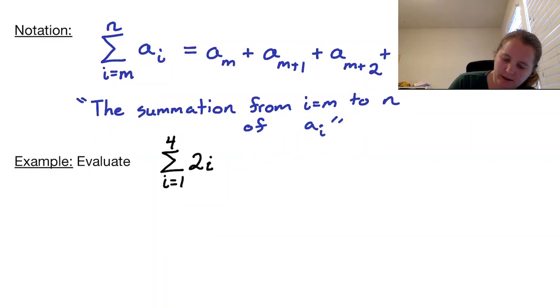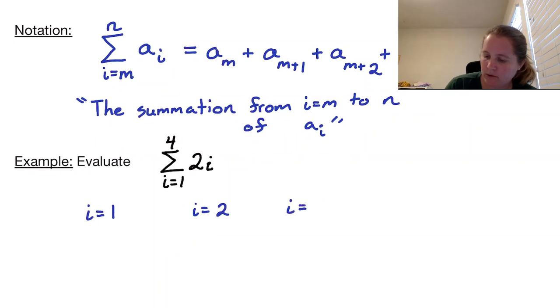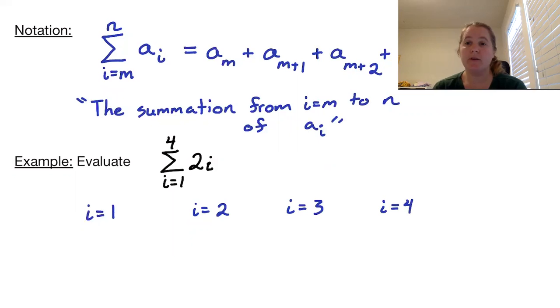So we're going to look at i equals 1, i equals 2, i equals 3, and i equals 4. Those are all the numbers running from 1 to 4. We only use integers for summation.